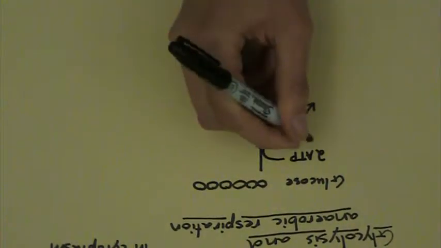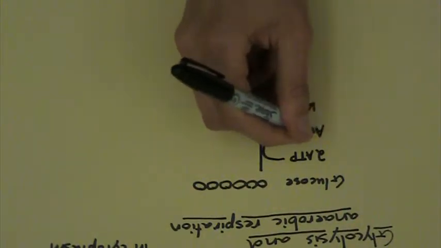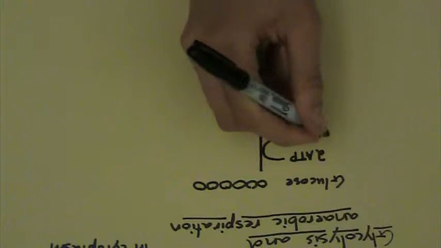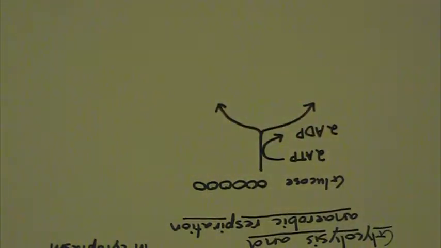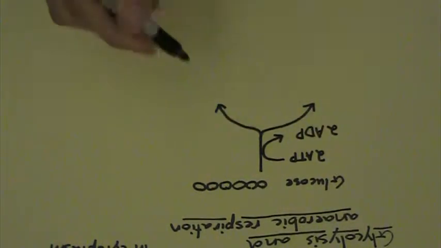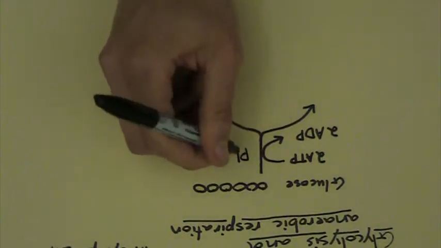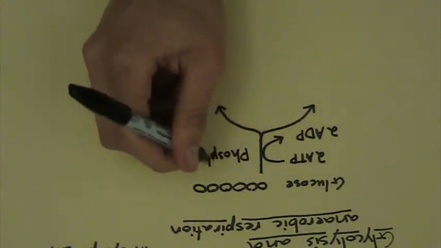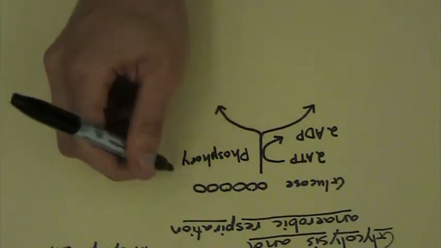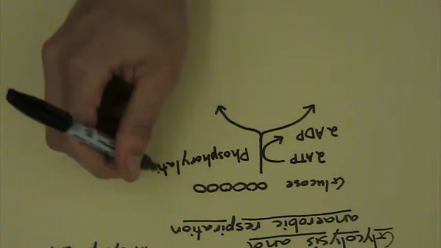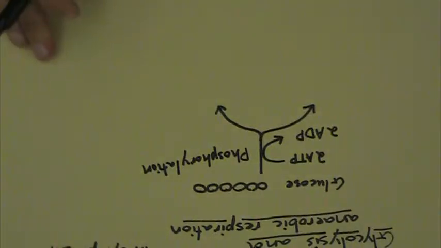And what we're doing is phosphorylating the glucose molecule in order to make it more reactive. So this is a process called phosphorylation. Like so.